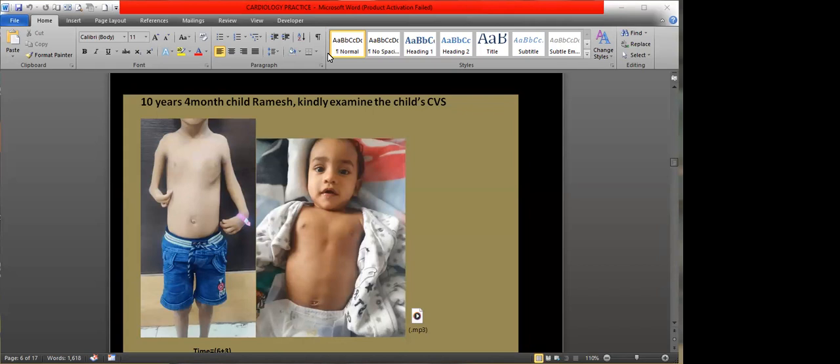How is the splitting of S2? I will look at the splitting at the pulmonary area. Yes, S2 is split. Does it vary with respiration? No, that is fixed splitting. And there is a murmur in the second left intercostal space.